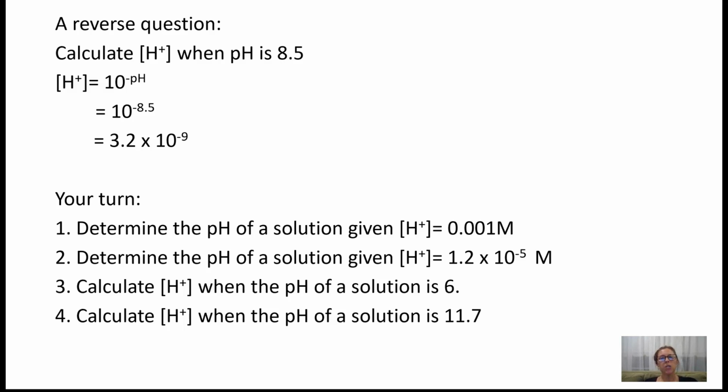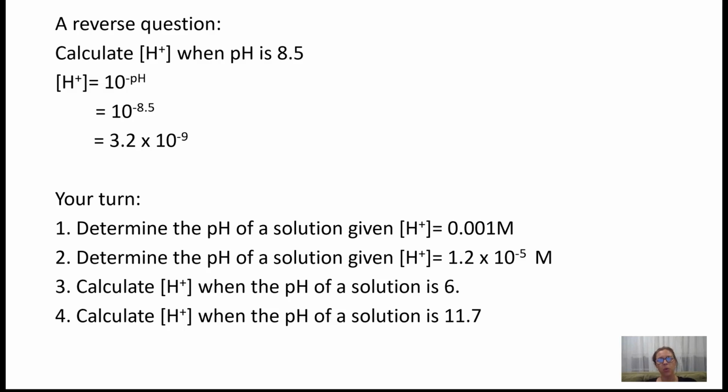So let's look at the reverse now. We've calculated pH knowing the hydrogen ion concentration, but what about calculating the hydrogen ion concentration when we know the pH? Today in class, we measured a whole host of substances and measured their pH.